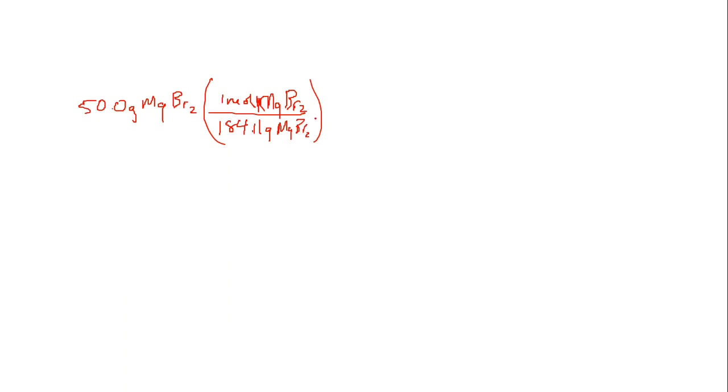And this time, we're going to look at the mole ratio between the magnesium bromide, which is the limiting reactant, and the silver nitrate, which is the excess reactant. Based on the coefficient, it's going to be a 2-to-1 ratio. We're going to have 1 mole of MgBr2 down here and 2 moles of AgNO3 above.